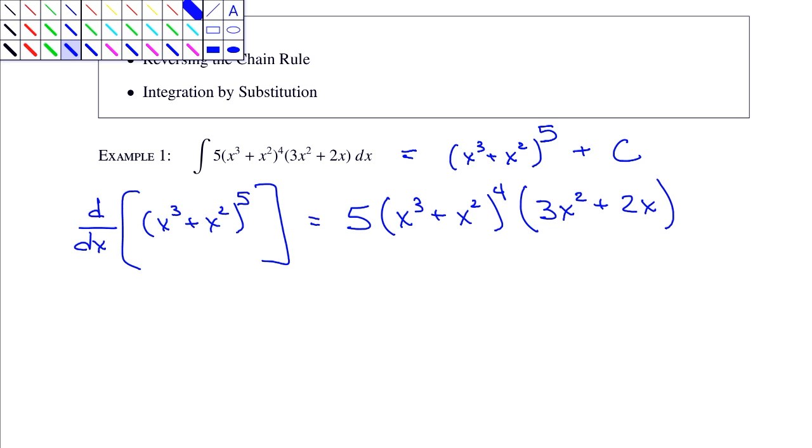And that's the integrand. The overall derivative was the power rule, but then we used the chain rule to get to the extra part. Luckily for you, we have a way of reversing the chain rule, and that is called integration by substitution. So that's what we're going to learn today.